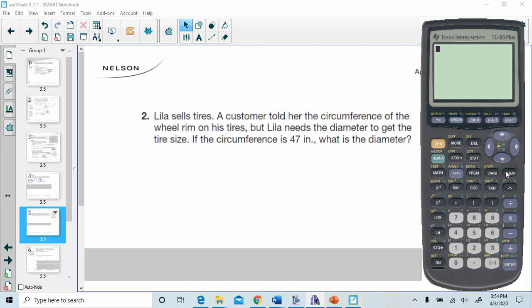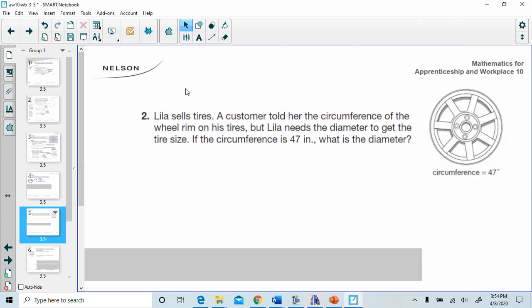Next scenario. Here we've got a person selling tires, and a customer has told her the circumference of the wheel rim on the tire, but Lila needs the diameter to get the size. So if the circumference is 47 inches, we're looking for diameter. Again, we use what we know from formulas, and we know that circumference is pi d.